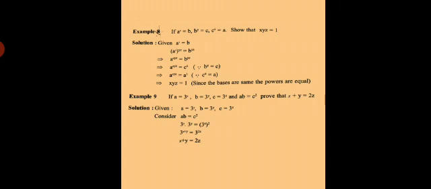Now since the bases are the same in the LHS, add the powers, that is 3 raised to x plus y, which is equal to 3 raised to 2z, multiplying these two powers in the RHS. Now since again the bases are the same, we can compare their powers, that is x plus y is equal to 2z, which is the required answer.